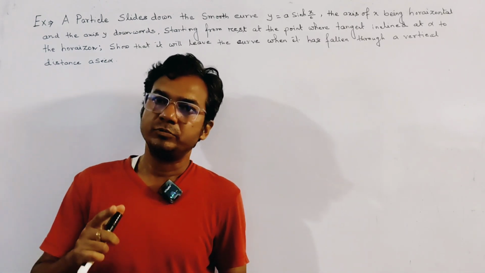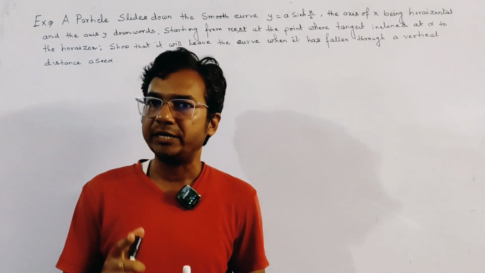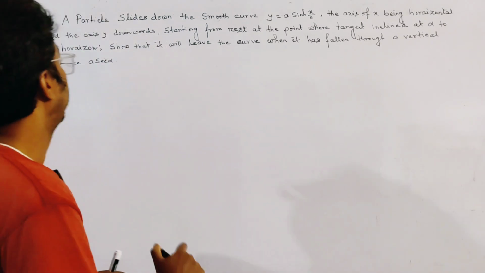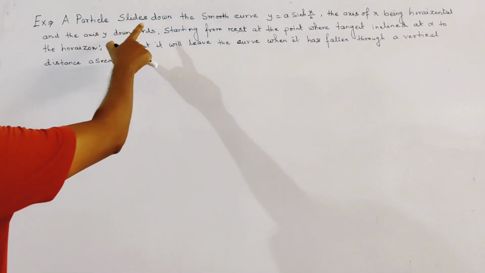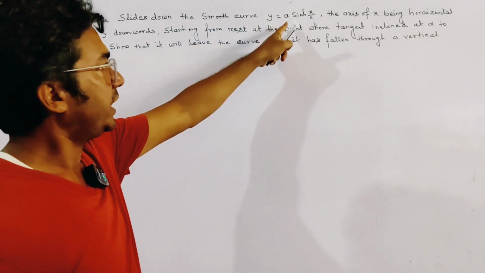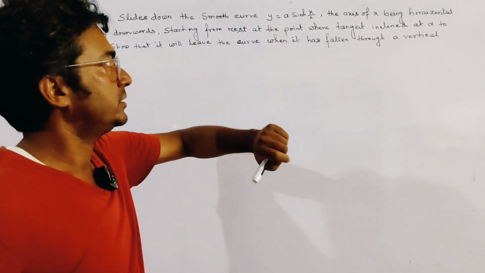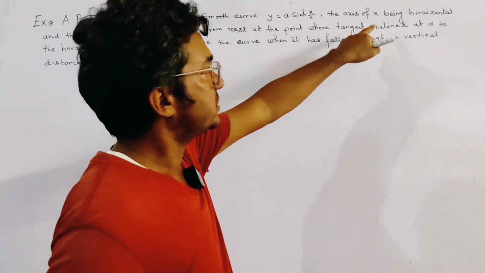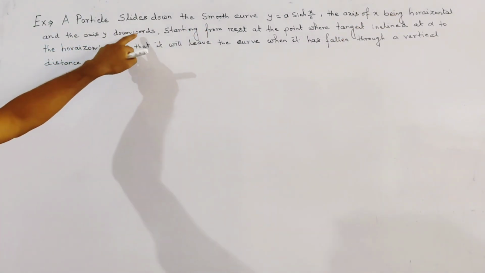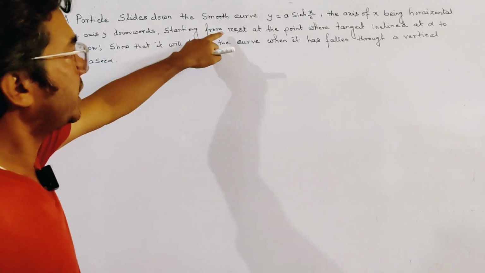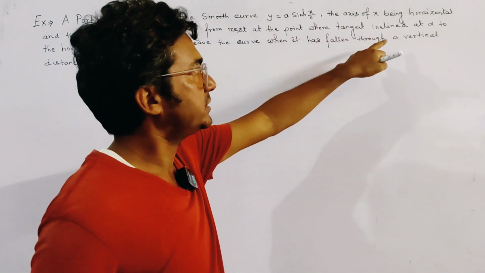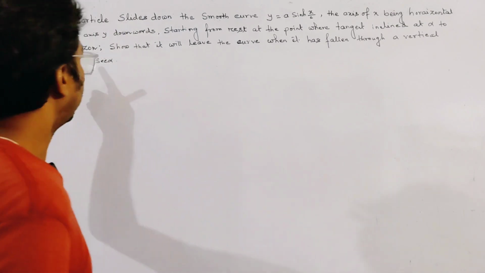Problem from constrained motion of particle dynamics. A particle slides down the smooth curve y = a sinh(x/a), the axis of x being horizontal and the axis y downwards, starting from rest at a point where the tangent is inclined at alpha to the horizon.